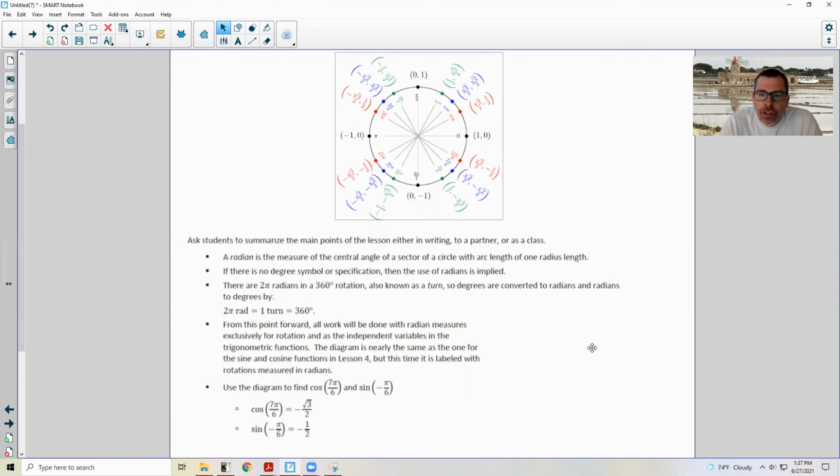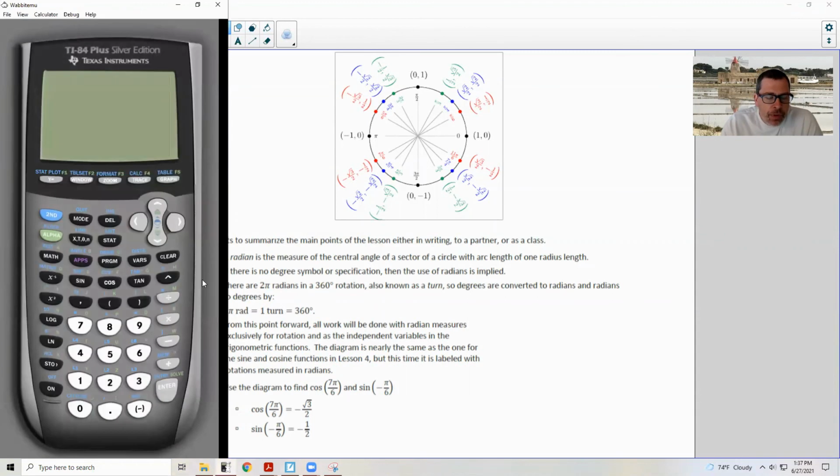So for π/6 radians, the sine of π/6 is 1/2. Okay, and I can check that in my calculator. Remember this was 30 degrees. So if I say the sine of 30, I'm going to get a half.